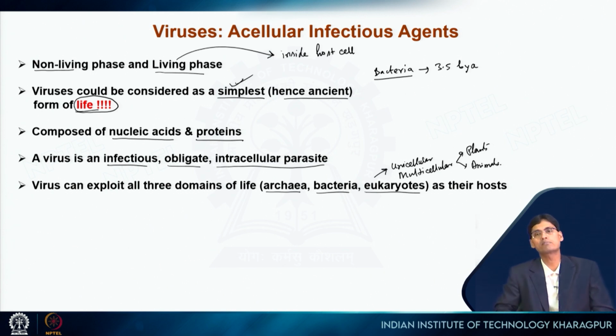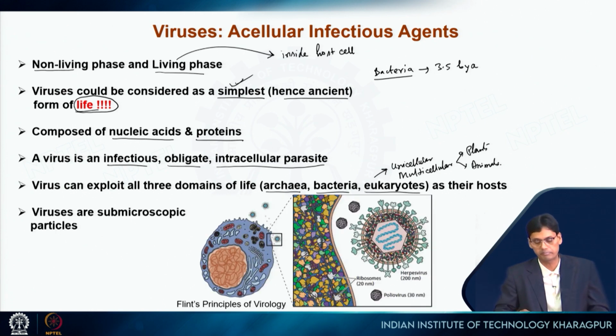So viruses can infect all of them, right? Although reports of viruses attacking archaea are much fewer, viruses depend on or infect eukaryotic hosts, particularly humans. There are a huge number of examples.